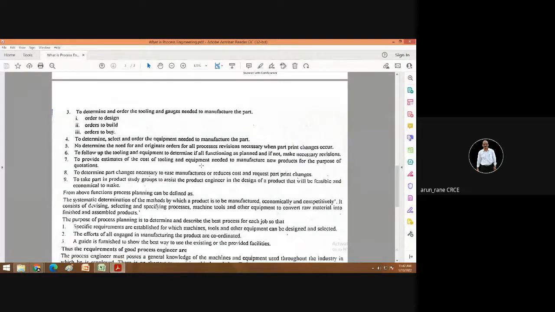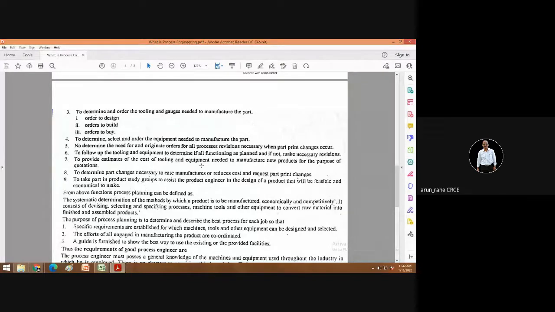Then to determine part changes necessary to ease manufacture or reduce the cost. As I told you, he has to constantly think of manufacturing, how to reduce the manufacturing cost, how to make whatever the product engineer has designed easy for manufacturing and easy for assembly.